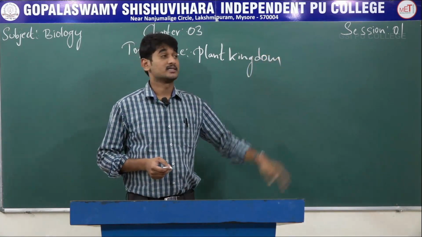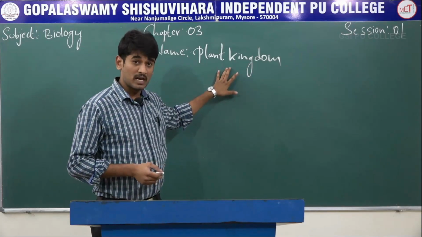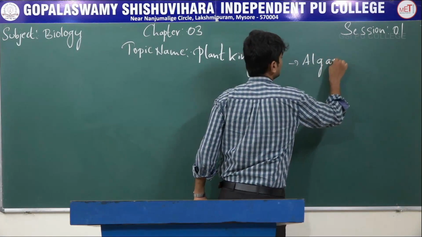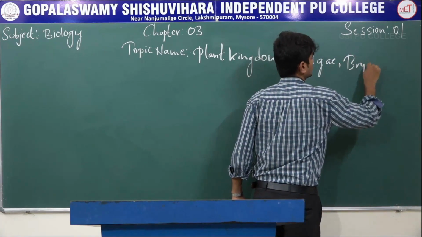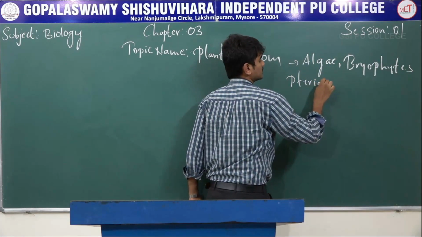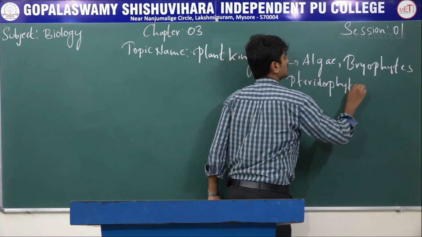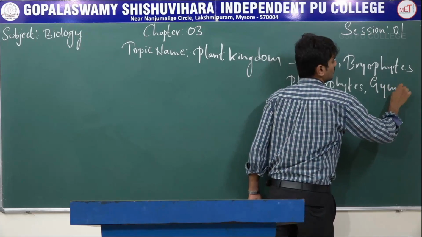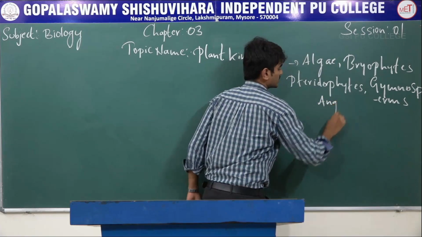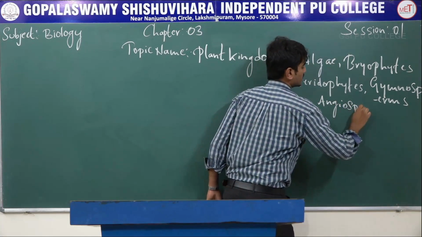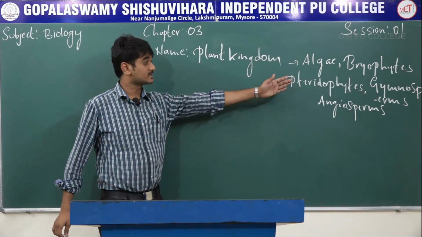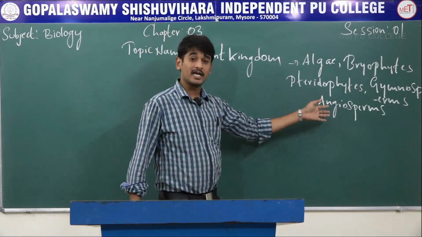In the further classification of plant kingdom, we will study algae, bryophytes, pteridophytes, gymnosperms and angiosperms. So this is all the further classification of plant kingdom: algae, bryophytes, pteridophytes, gymnosperms and angiosperms.